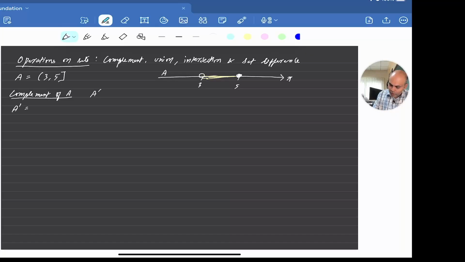A prime includes all points on the real number line that are not present in A. So we have the real number line, and 3, 5 are marked here. A prime includes 3 and it excludes 5, and it includes all points to the left of 3 and all points to the right of 5.